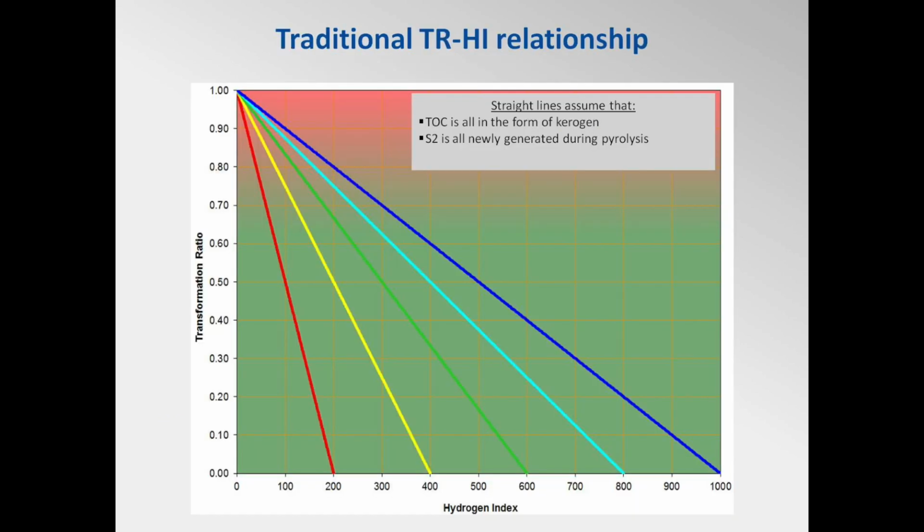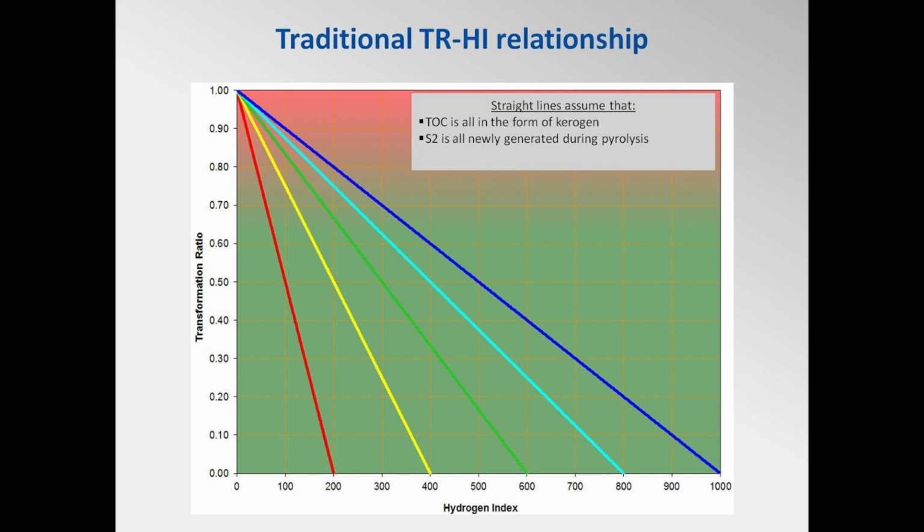Although it's well recognized that hydrogen index is related to transformation ratio for any kerogen, very little use has been made of hydrogen index as a reliable quantitative thermal indicator. If we were using it, we would probably envision a linear relationship between transformation ratio and hydrogen index for any kerogen, as shown by the colored lines in this diagram.